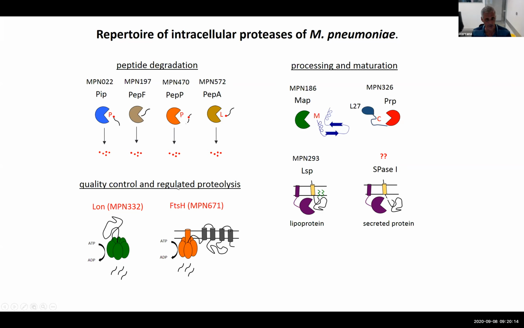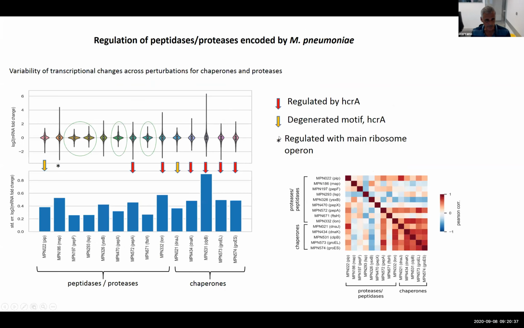And aside from that, you have the quality control and regulated proteolytic enzymes, Lon for soluble proteins and FtsH for membrane proteins. So I don't think you can make it simpler than this. All these eight proteases are essential except this one, I think. All the other ones, you cannot knock them out, you will kill the cell.